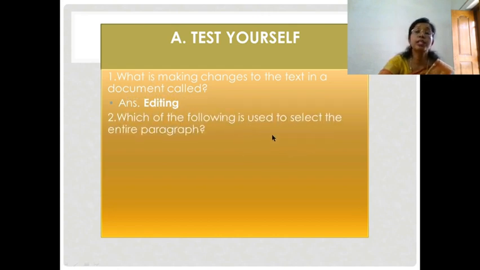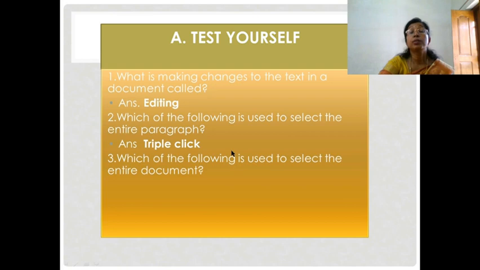The second question is, which of the following is used to select the entire paragraph? We learned this in selecting text. Triple click is used to select the entire paragraph. The third question is, which of the following is used to select the entire document?